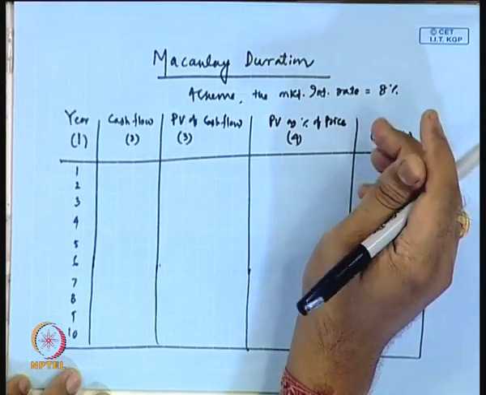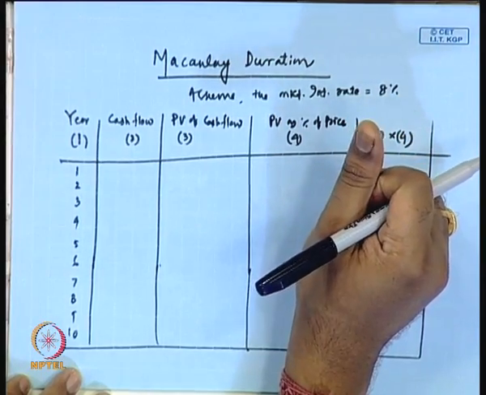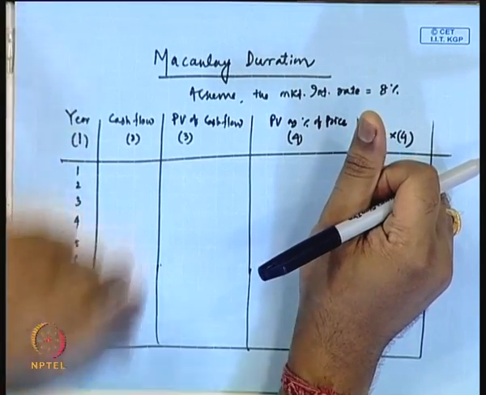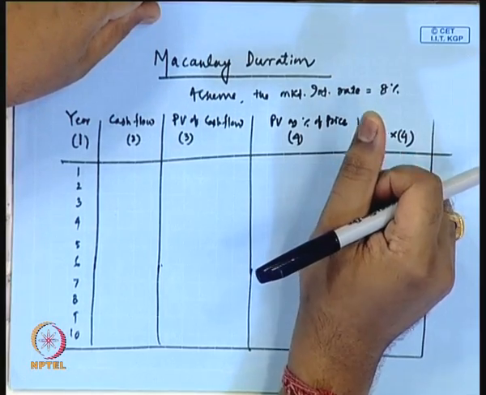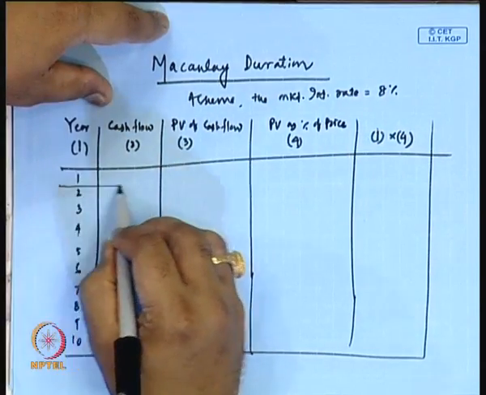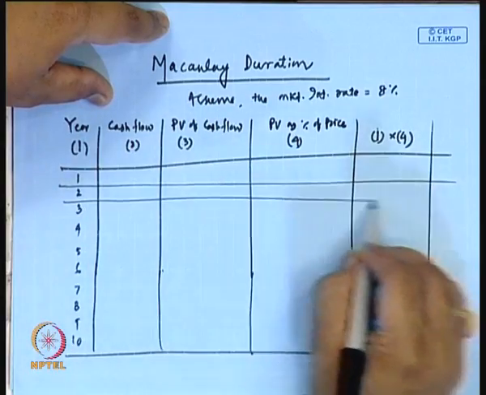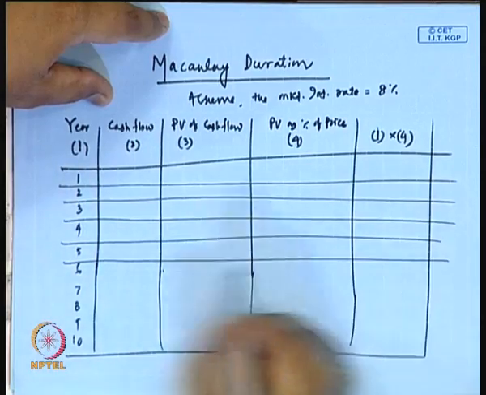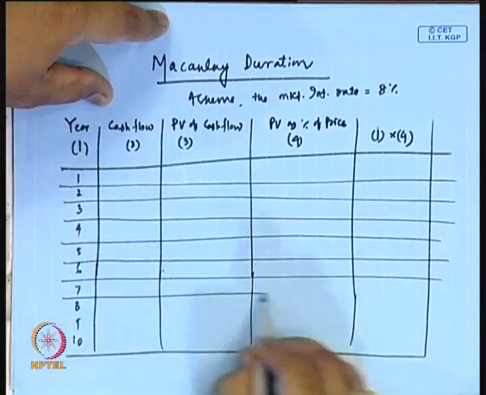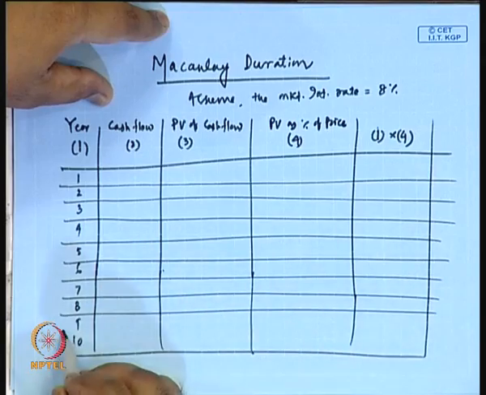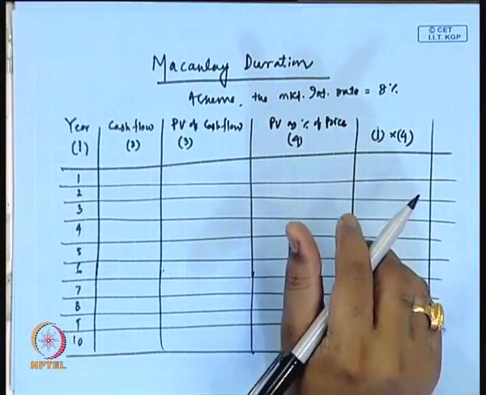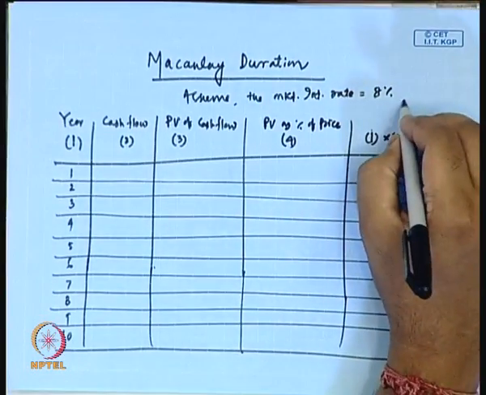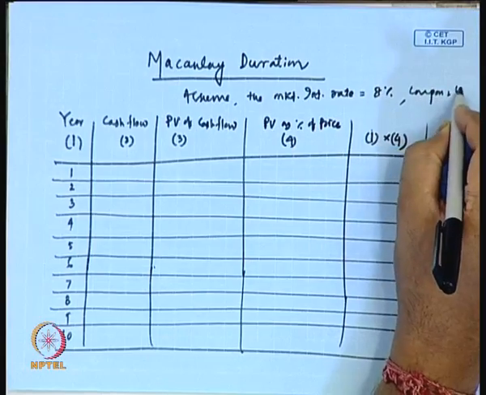Assuming a market interest rate of 8%, and each year, what is the coupon? If you observe here, another data should be given to you. The coupon is equal to 4%.